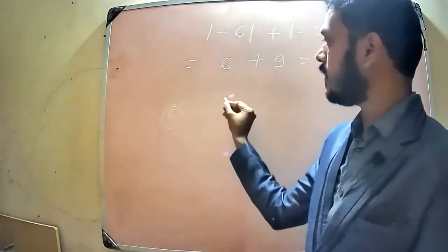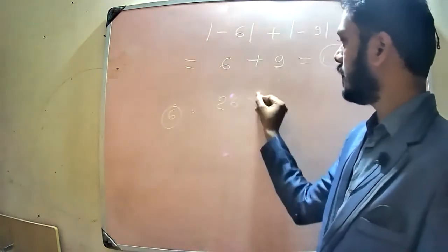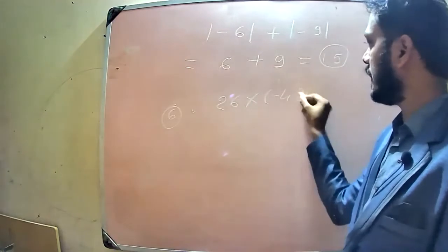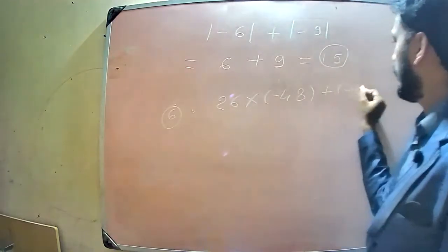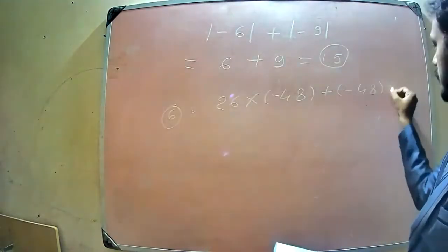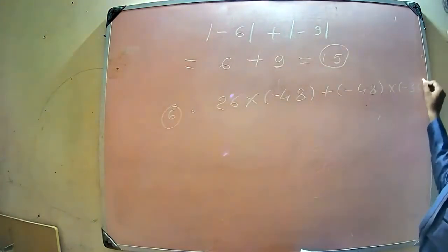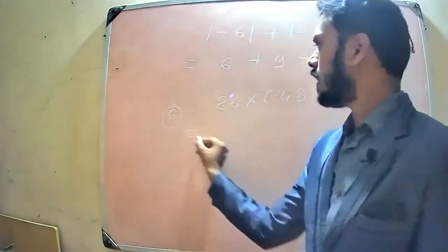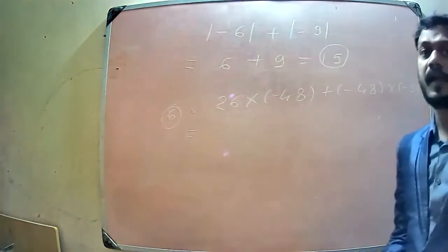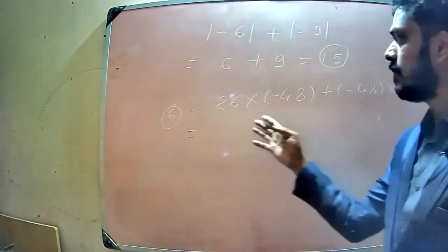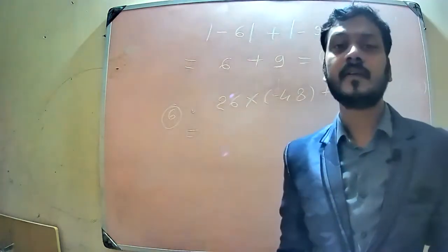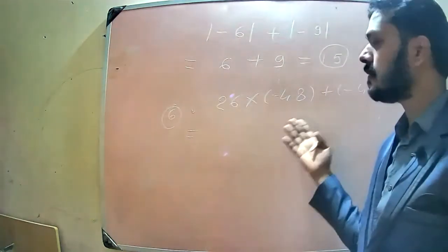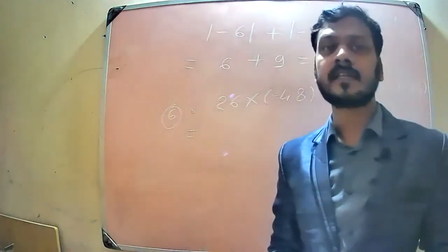What is the value of 26 into -48 plus -48 into -36? After seeing this problem, a lot of students directly multiply to solve it. But remember, what is the purpose of asking this question? The procedure for multiplication everyone knows.